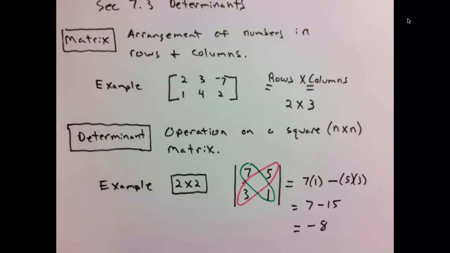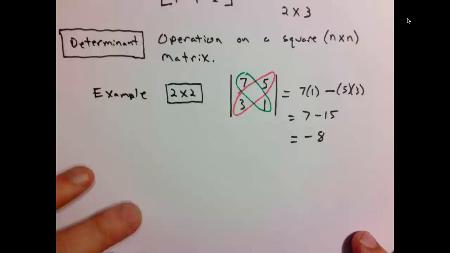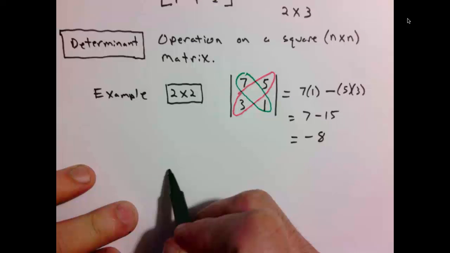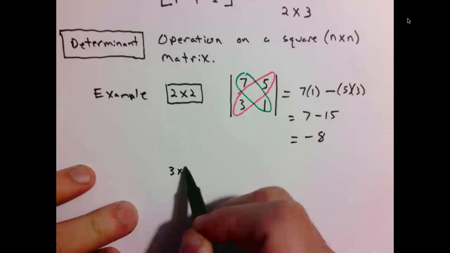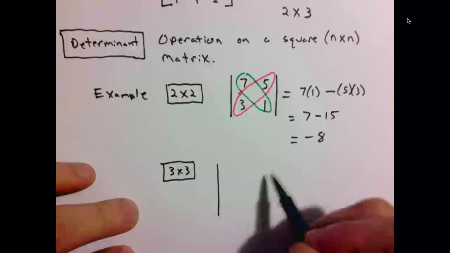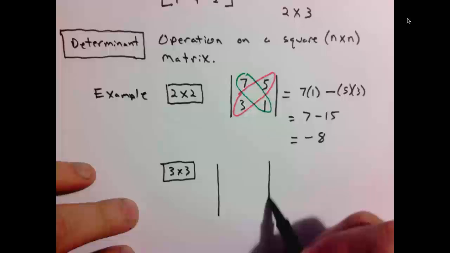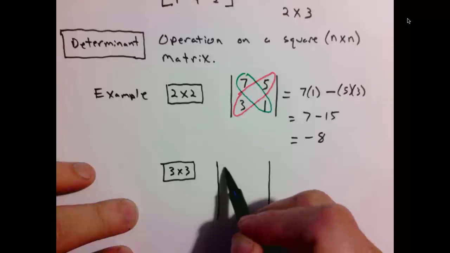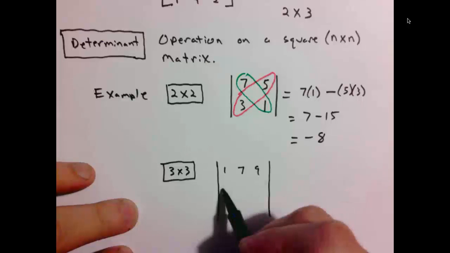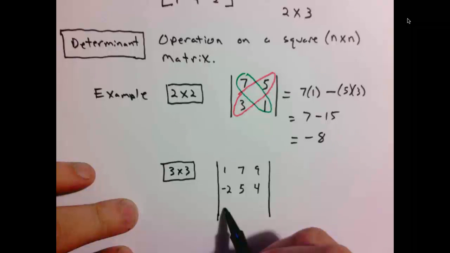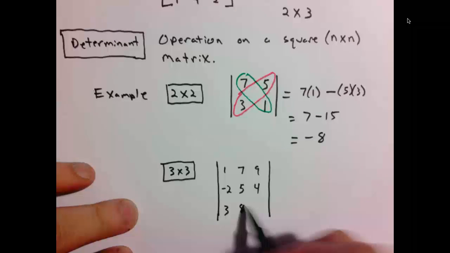Slightly more complex is a 3 by 3. Again, the bars indicate we're finding the determinant. 1, 7, 9, negative 2, 5, 4, 3, 8, 6.